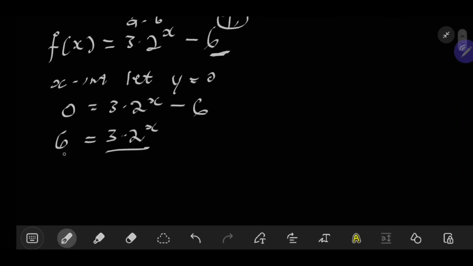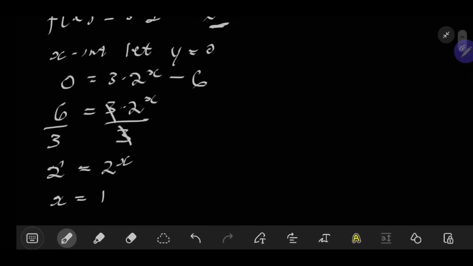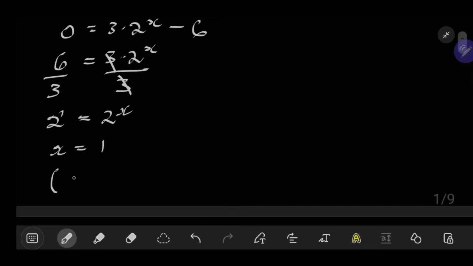Then we divide both sides by 3, and we remain with 2 equals 2 to the power x. Now we have the same base, so we can equate the exponents. It means our exponent x is equal to 1. So this is our x-intercept: our x value here is 1, and our y value is 0.